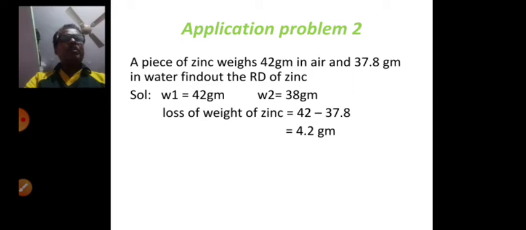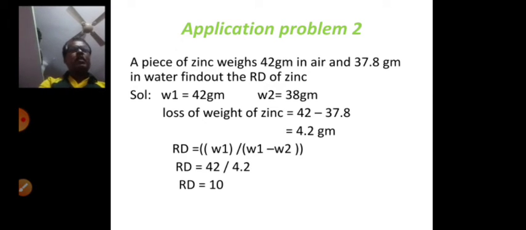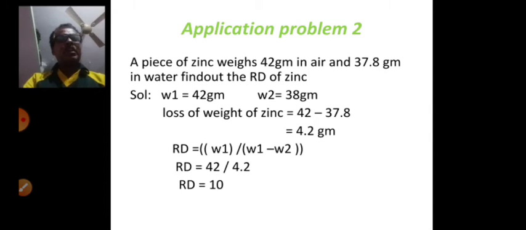Loss of weight of zinc in water is 42 minus 37.8, which gives 4.2 grams. So RD is equal to W1 divided by W1 minus W2, where W1 is 42 and W1 minus W2 is 4.2. Simplifying, you get 10. Relative density of zinc is 10, which has no unit. Let us move on to the third problem.